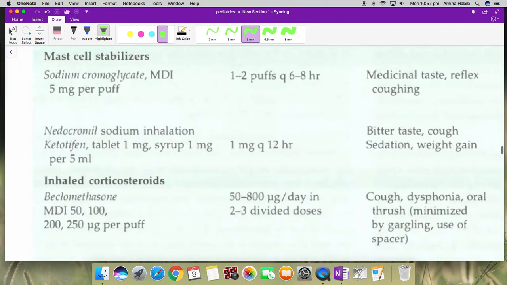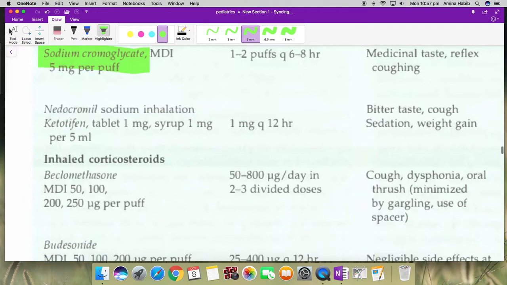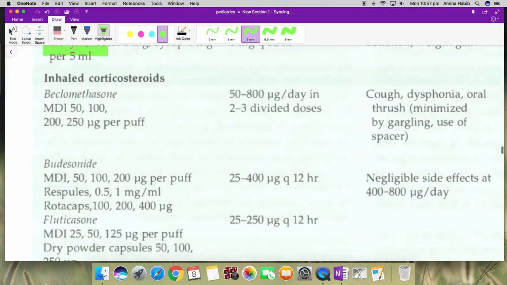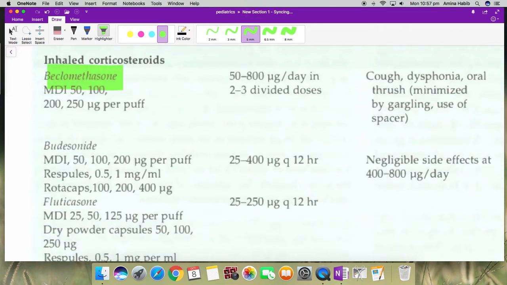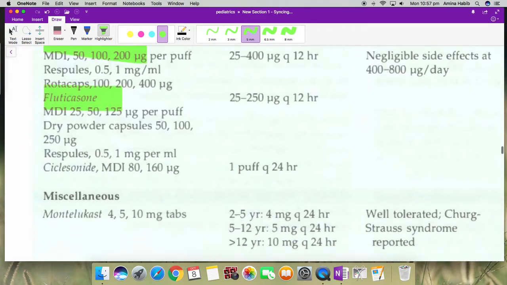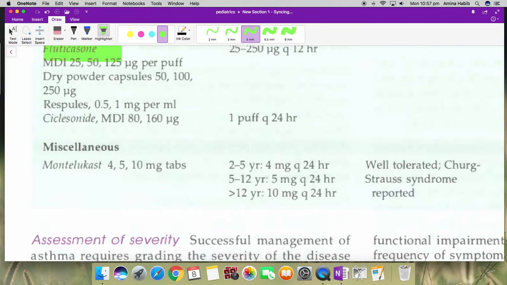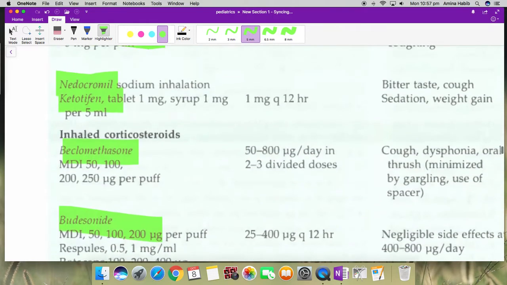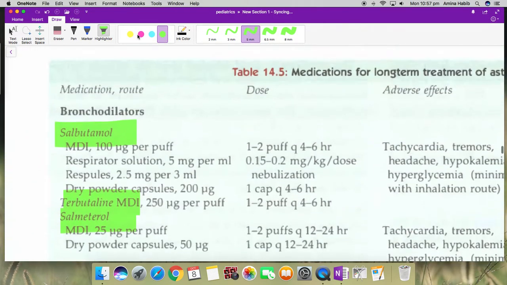Then mast cell stabilizers, we have sodium cromoglycate or cromolyn sodium, nedocromil, and then ketotifen. Then inhaled corticosteroids, I told you about beclomethasone, not preferred. The preferred ones are budesonide and fluticasone, and ciclesonide. Miscellaneous is montelukast.